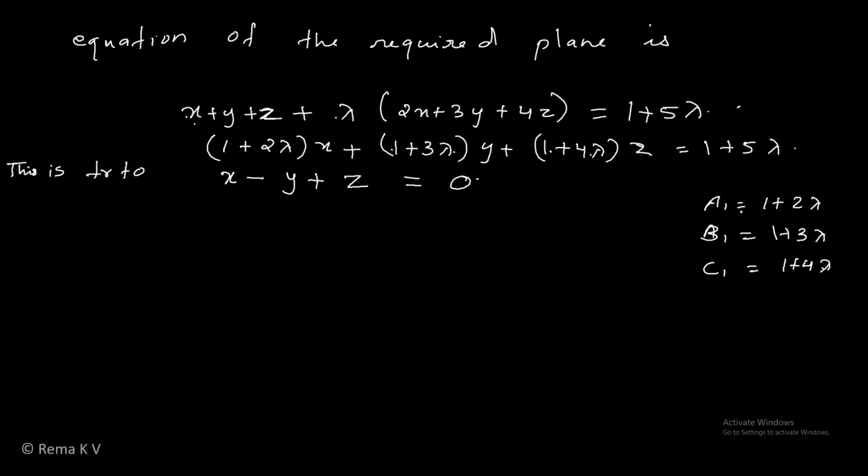These are the direction ratios of the required plane, and the direction ratios of the plane which is perpendicular to it, that is A2 is equal to 1, B2 is equal to minus 1 and C2 is equal to 1. Here the coefficient of x is 1, coefficient of y is minus 1, coefficient of z is 1. These are the direction ratios of the second plane.